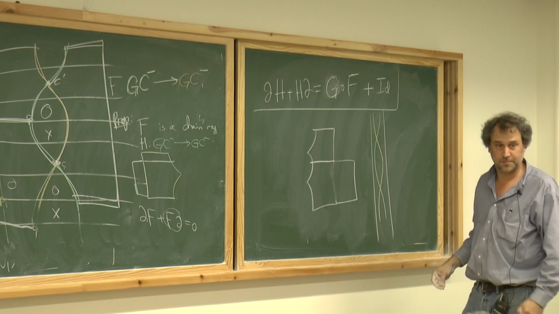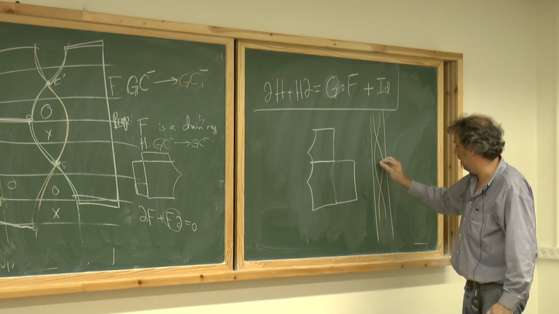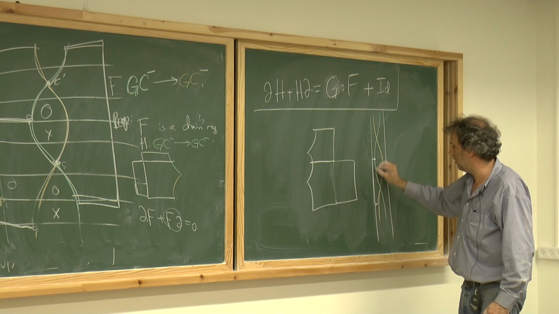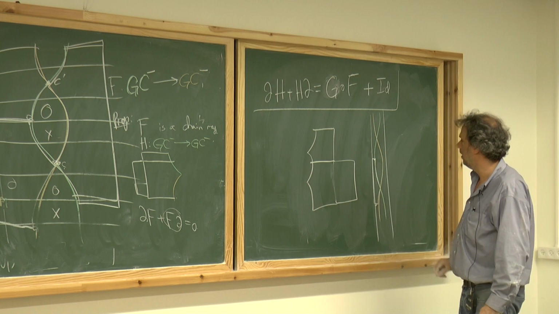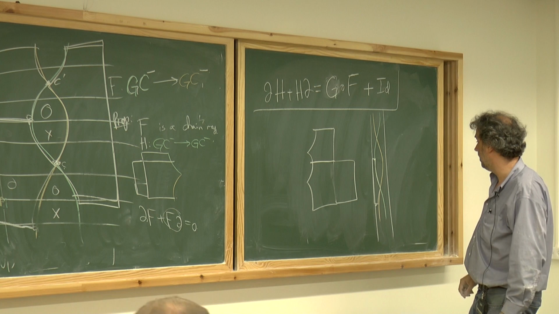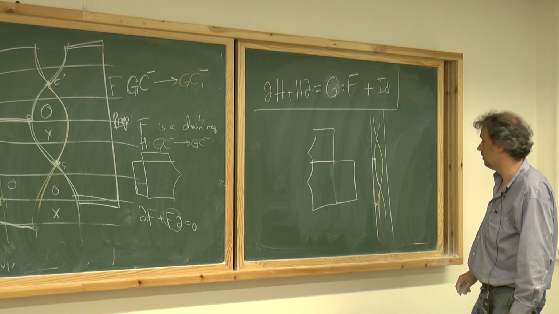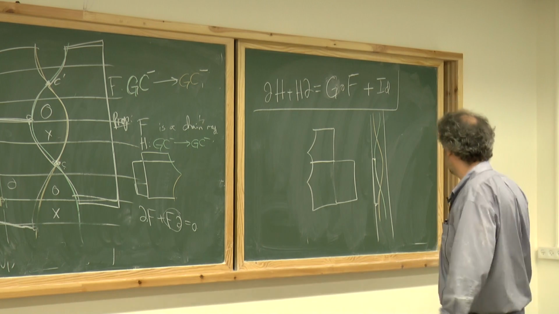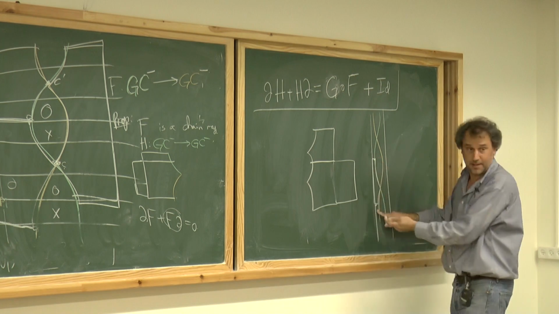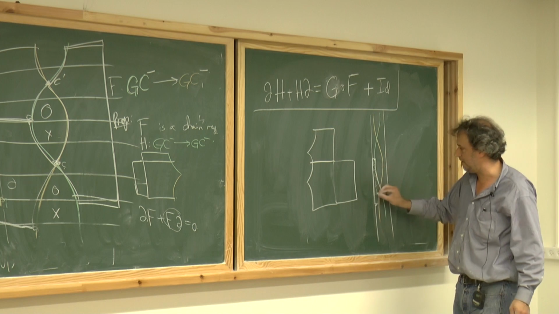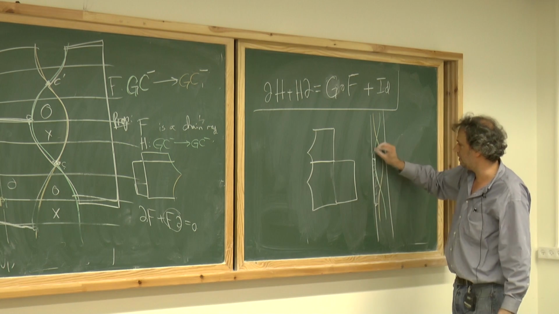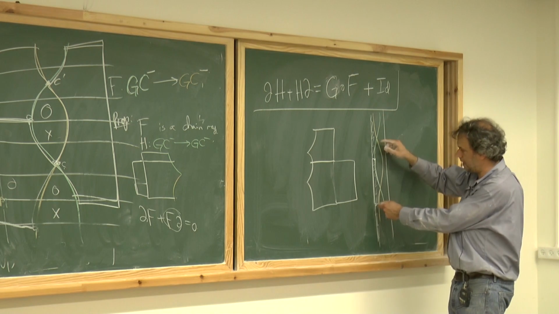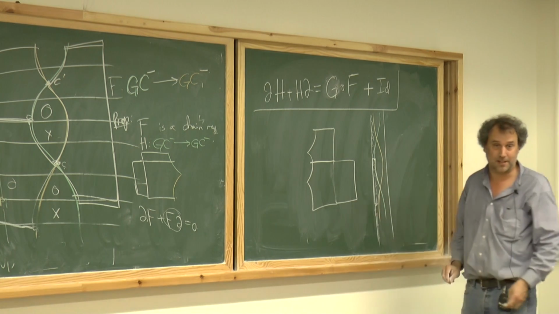In the thin column, here's a very thin pentagon that contributes to F, and here's a very thin pentagon that contributes to G, and it takes me from this green grid state back to itself.